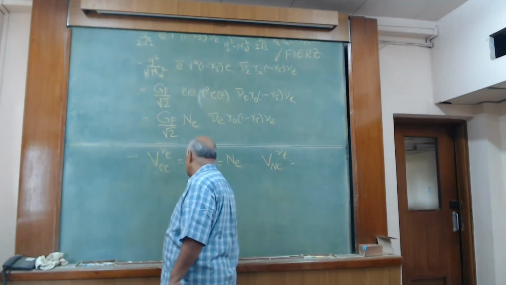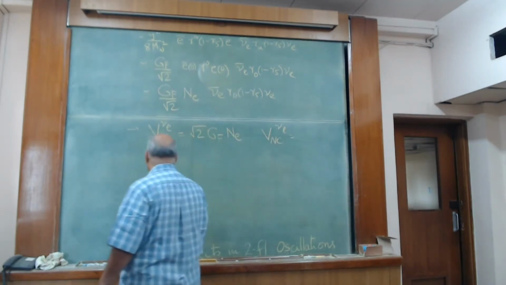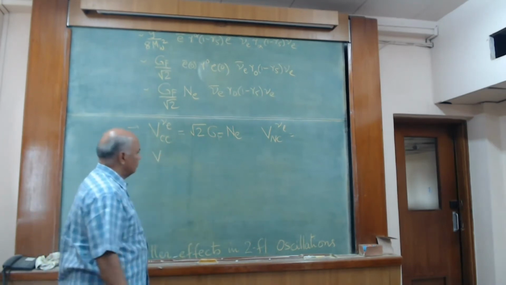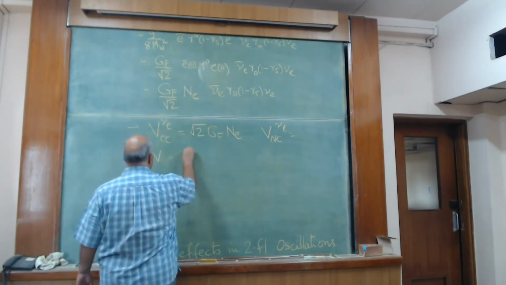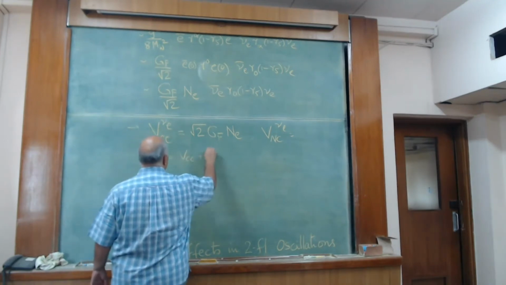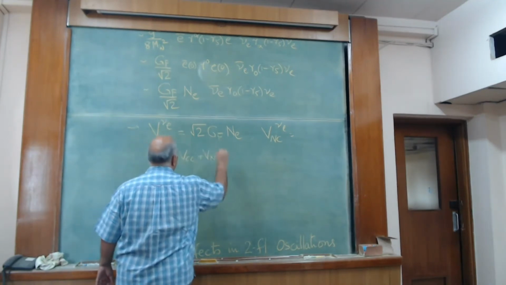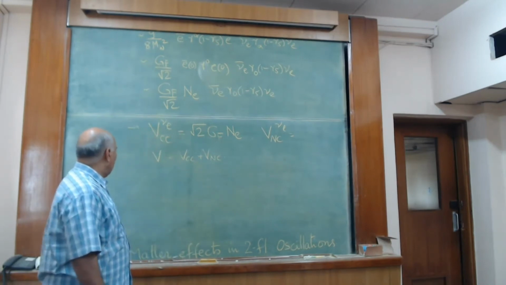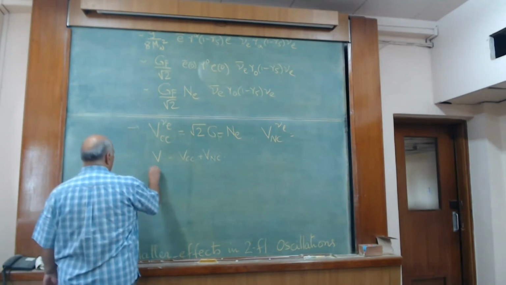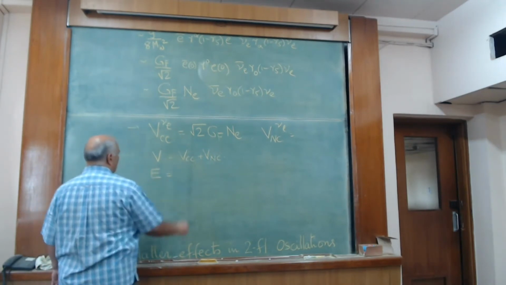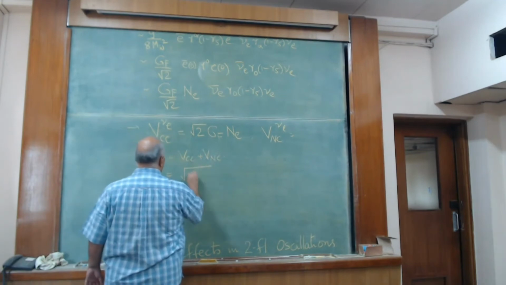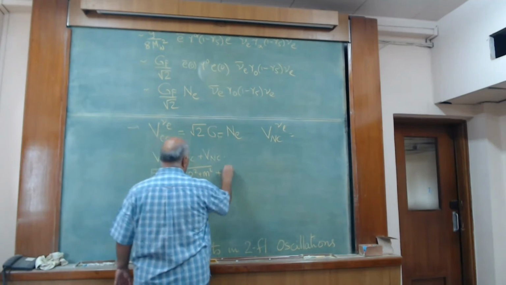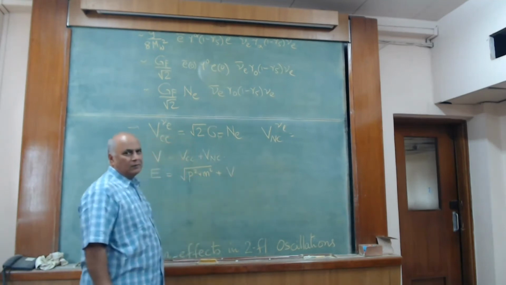Now, there is a potential V, which in general is V_CC plus V_NC. And energy is the square root of P squared plus M squared, plus the potential.